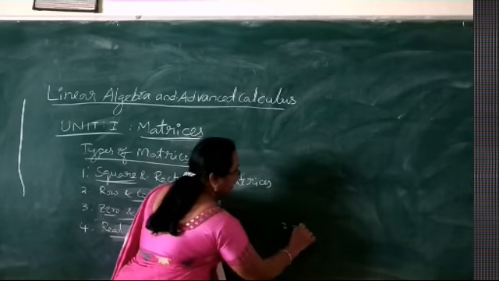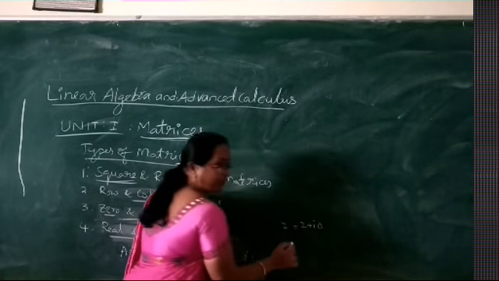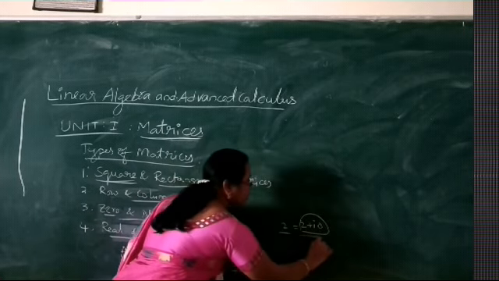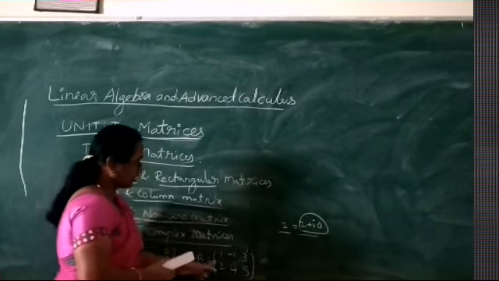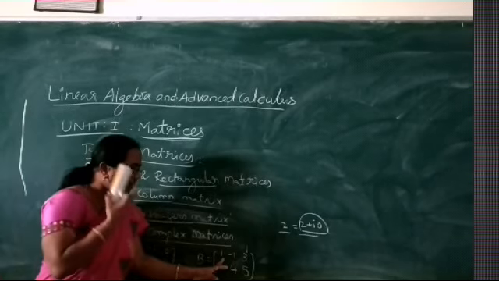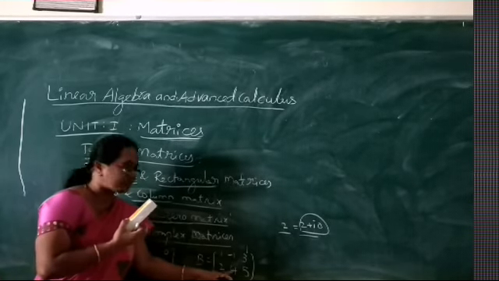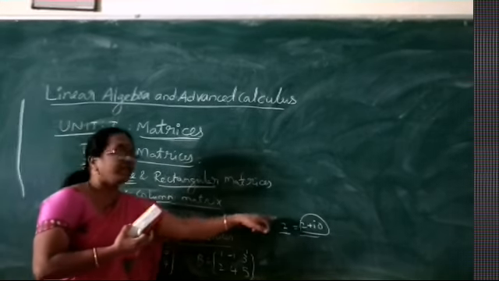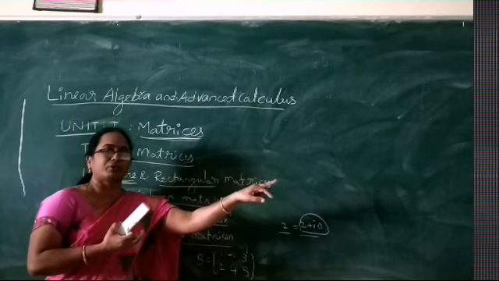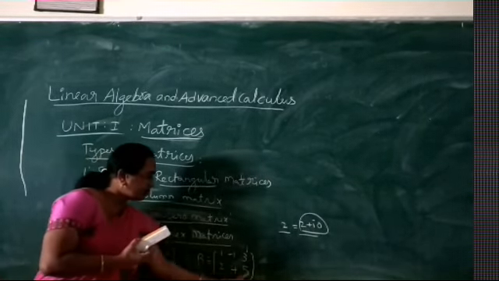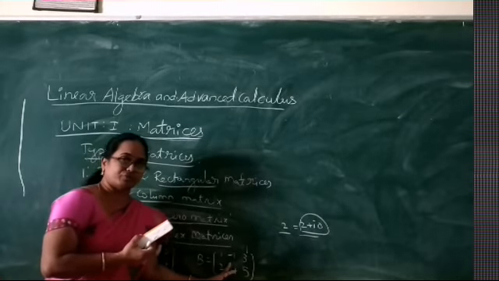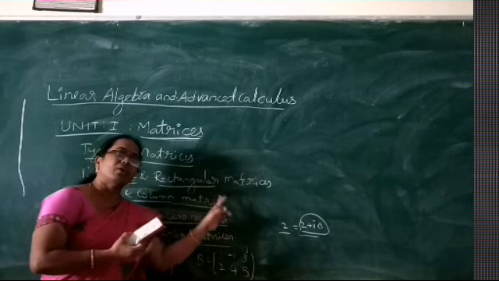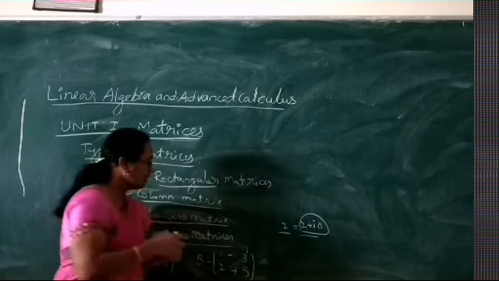This can be written as 2 plus i into 0, which is a complex number. So remember, every real number is complex also. So in the second matrix B, I have shown here, every number is a real number, so the matrix is clearly a real matrix. Moreover, since every real number is a complex number also, we can consider each of the elements as a complex number also. So this matrix can be a real matrix, also a complex matrix.